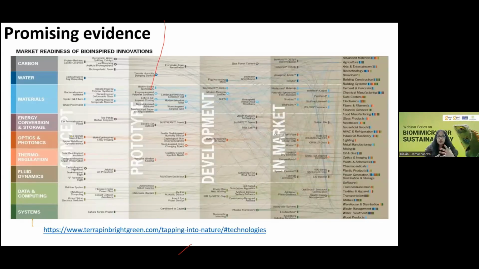They tried to identify, as you can see from this diagram, different sectors on the left-hand side, for example carbon, water, material, energy, optics, thermoregulation, fluid dynamics, data. These are different areas where you work. And they try to link all these areas on the right-hand side of this diagram with practical business activities.